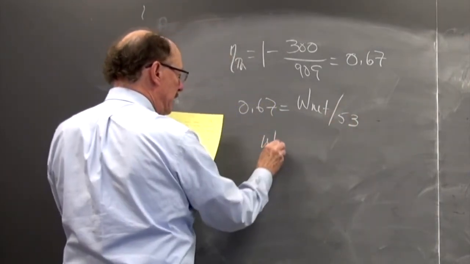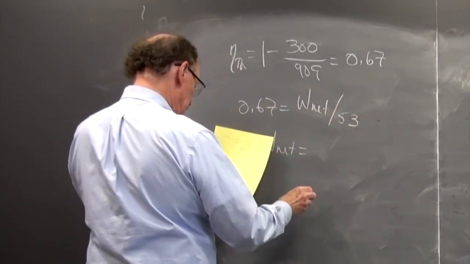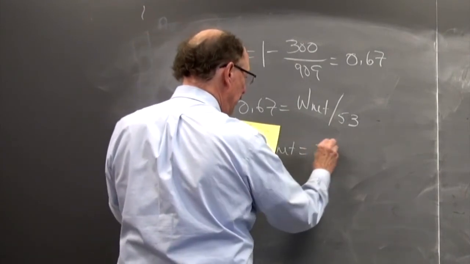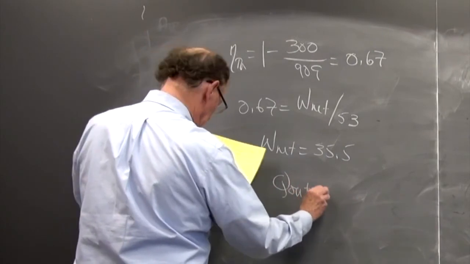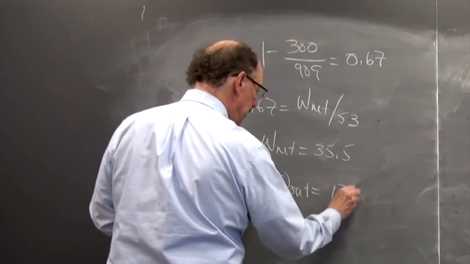So W net is equal to 35.5, and Q out is equal to 17.5 kilojoules.